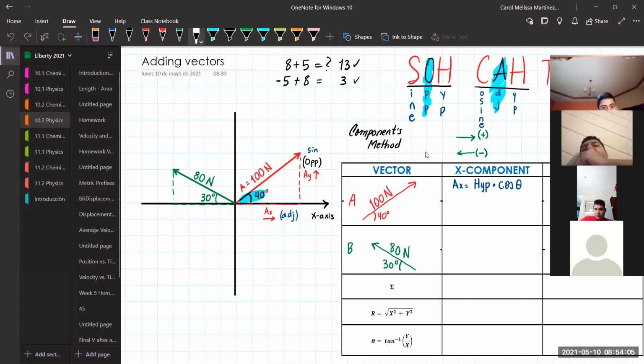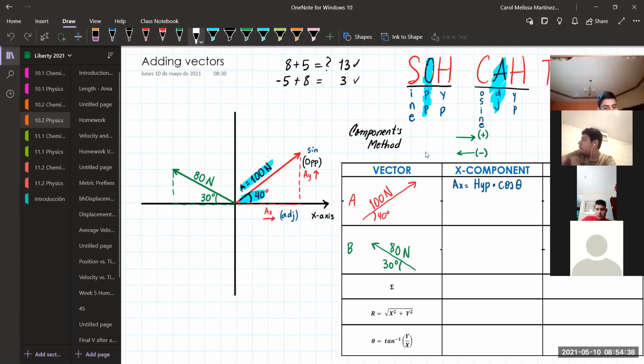Now, the hypotenuse is always given in this kind of exercises. The hypotenuse is the vector. So the hypotenuse is 100 Newton. The reason is because it is opposite to my right angle. Remember that rule: the hypotenuse is always opposite to the right angle. So in these exercises the hypotenuse is always going to be given.